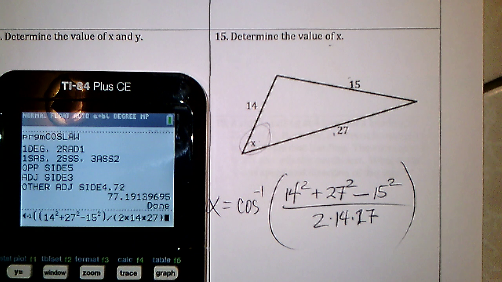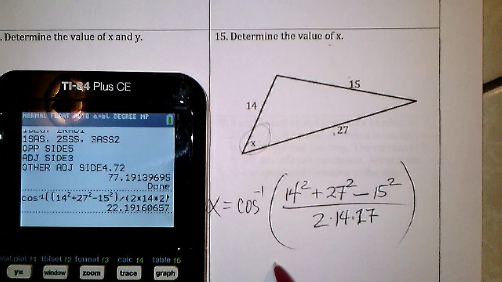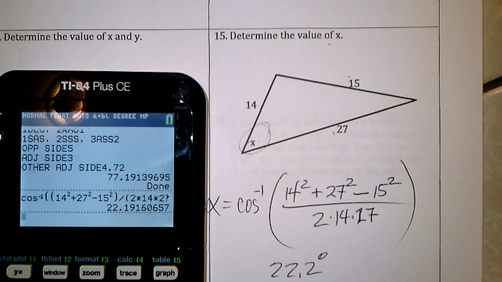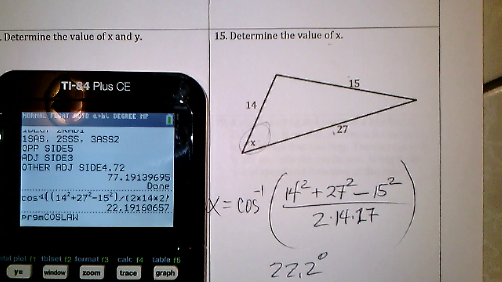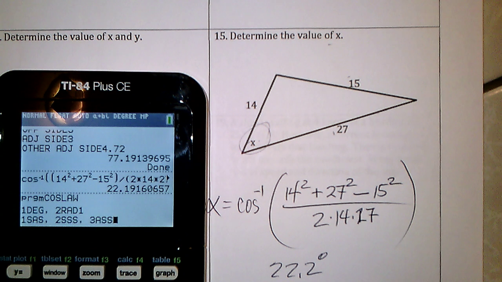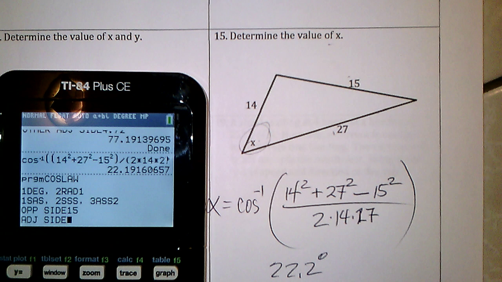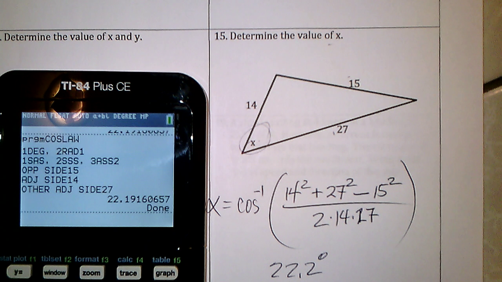That's what we got to take the cosine inverse of, and that is 22.2 degrees. Check it with the cosine law, degrees and side, side, side. And the opposite side is 15, 14, 27, 22.19.